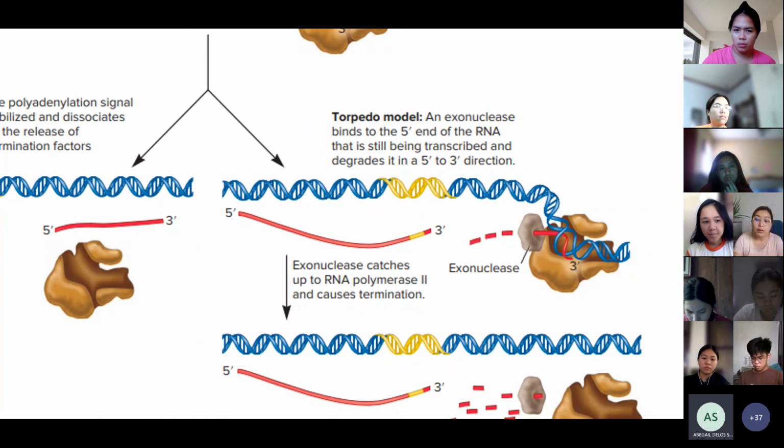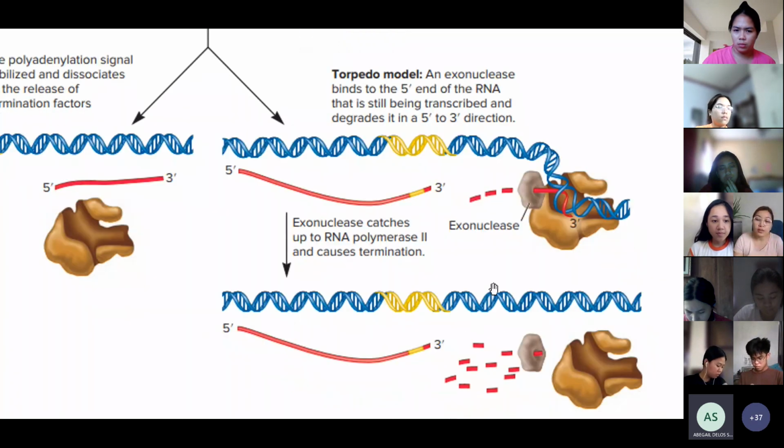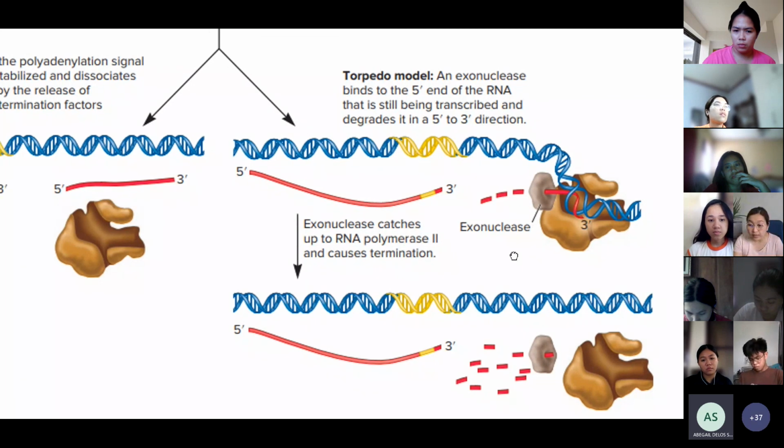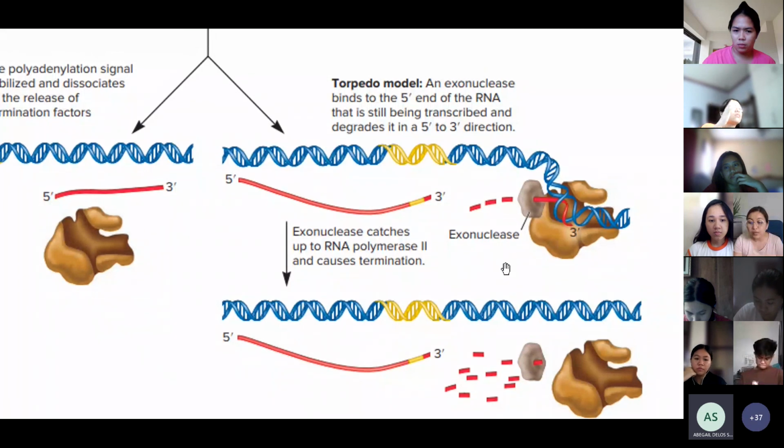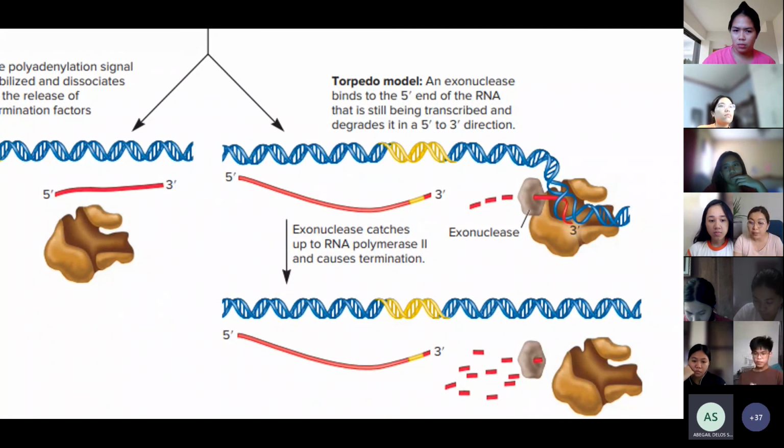According to this model, the region of the RNA that is downstream from the polyadenylation signal sequence is cleaved by an entity called an exonuclease. The exonuclease would degrade the transcript in a 5' to 3' direction.